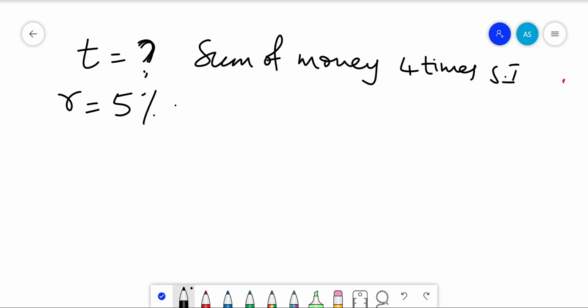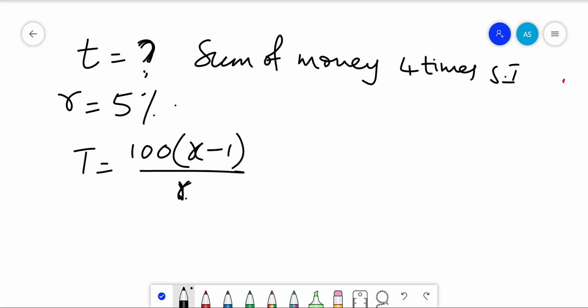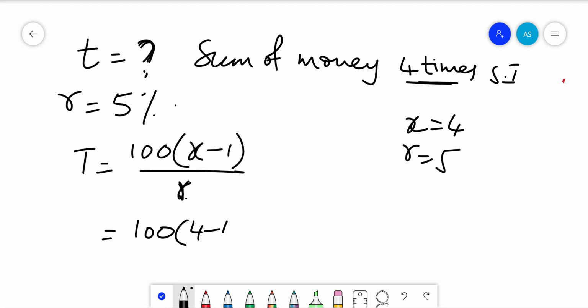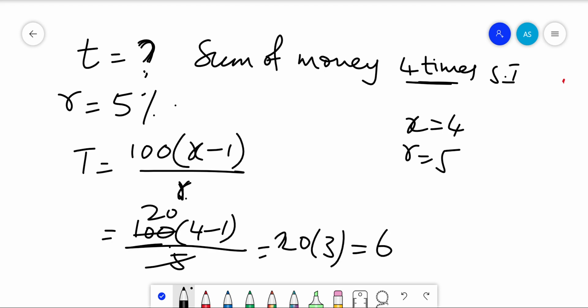In how many years the sum becomes 4 times the given amount? So time is equal to 100 into (x minus 1) by r, because this is the transposition of the formula. Here x becomes 4 and r becomes 5. So 100 into (4 minus 1) by 5, which is 20 into 3, that is 60 years.